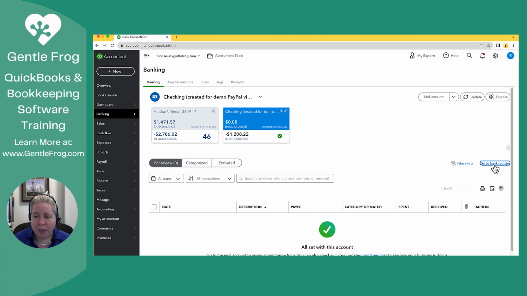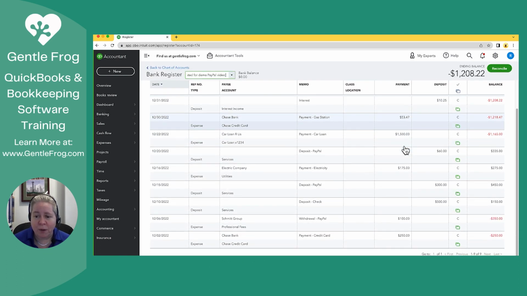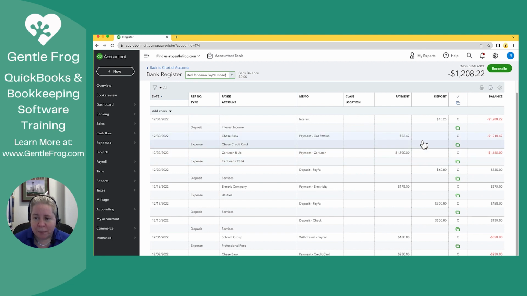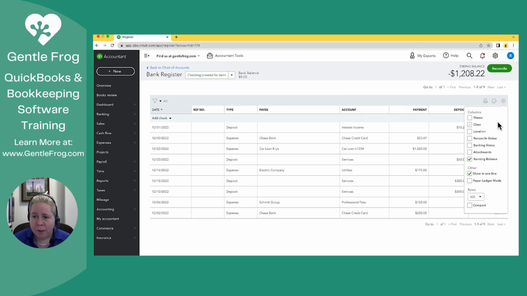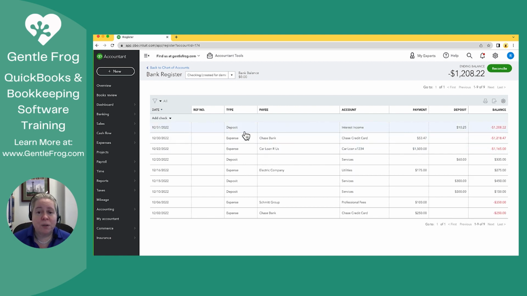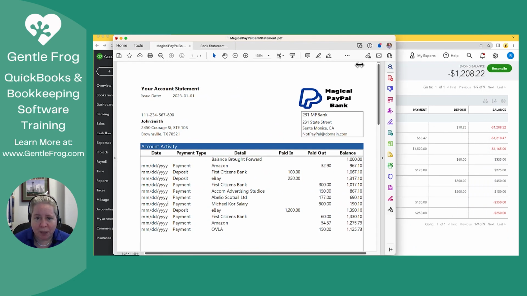Right now in my QuickBooks, I have this bank account with these transactions. I'm just going to change the view to make it slightly easier. Okay, so when I look at my bank register, I have the payee and the affected account. So now what I want to do is bring over my PayPal statement and take a look and see, is everything that's on my PayPal statement showing up in my QuickBooks?